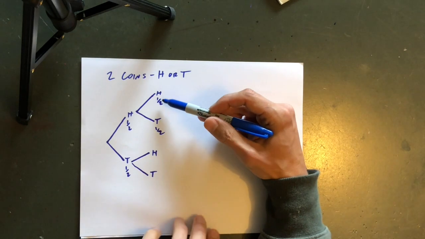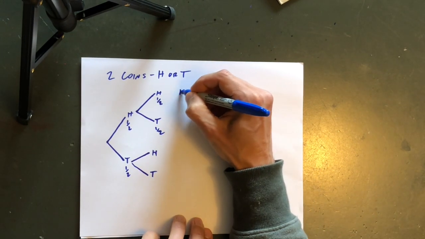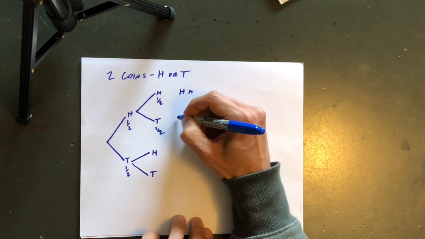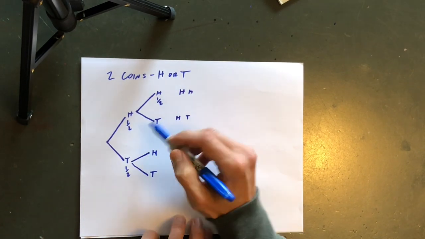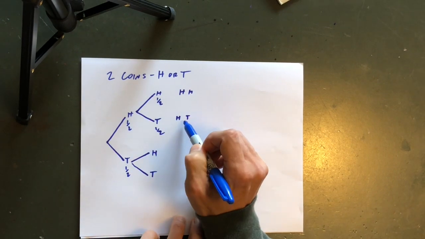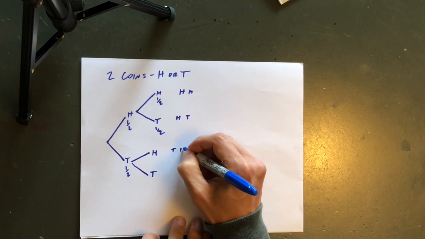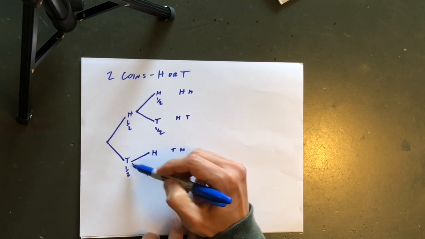So let's look at how many outcomes we could possibly have. Well, here we have heads, heads, heads, tails, tails, heads, or tails, tails.